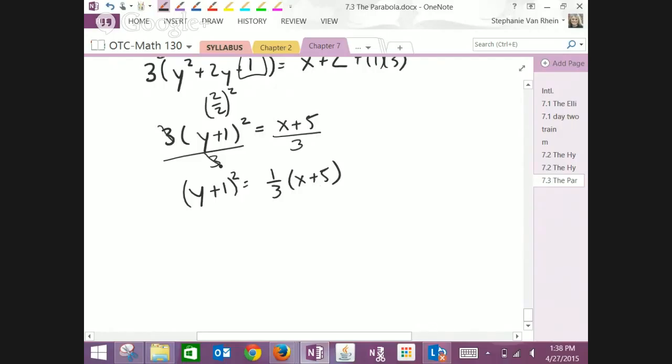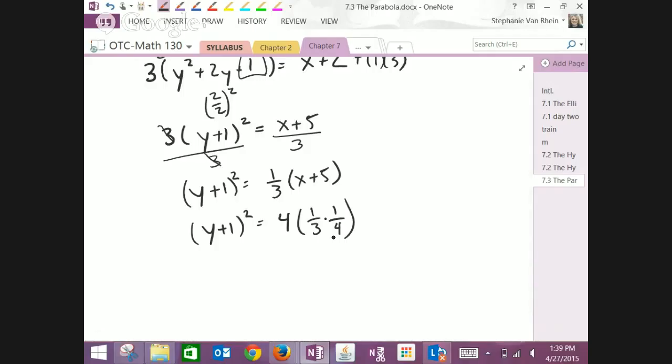You guys see that? So I could write this y plus 1 squared. If I wanted to put a 4 here, I would want 1/3 to be left, so I need to put 1/3 times a 4th. Really a 12th.